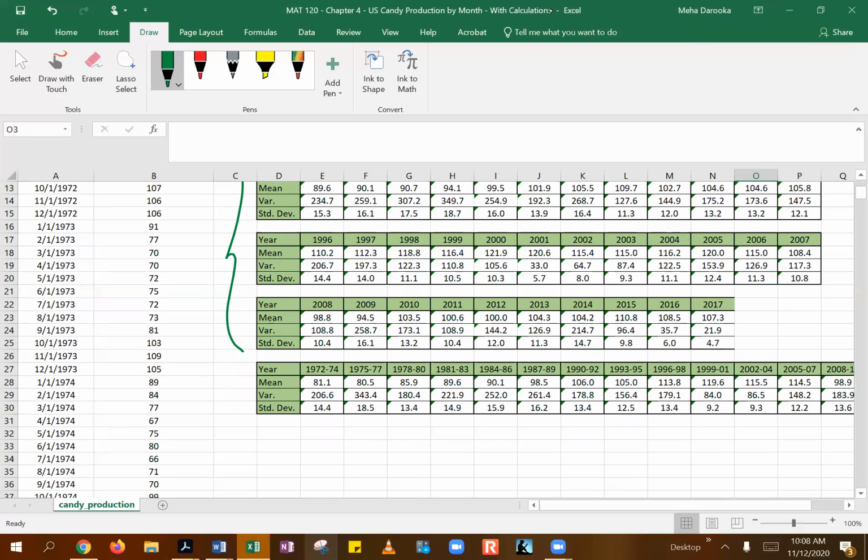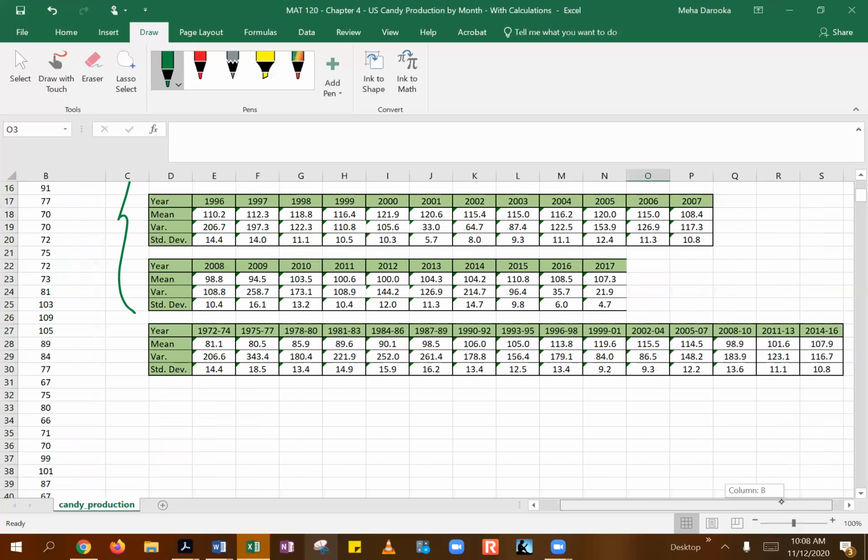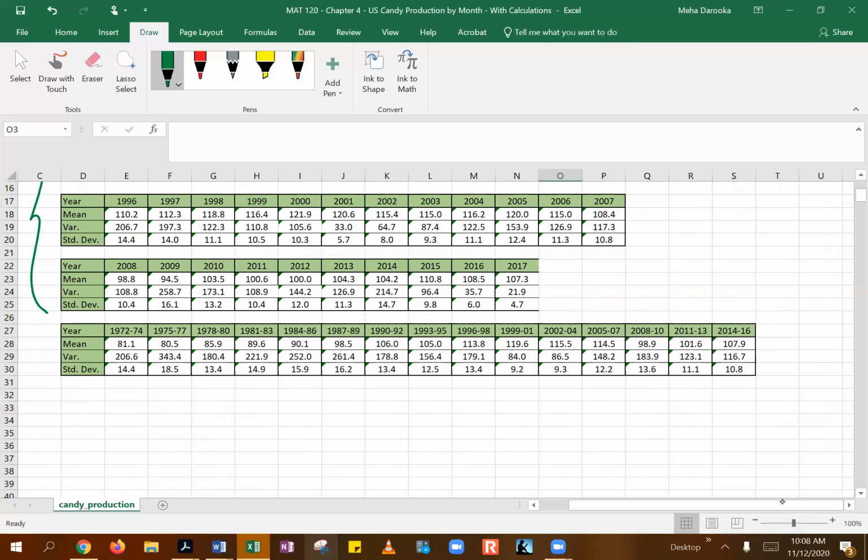And then I had also asked you to find the 3-year mean, variance, and standard deviation. So you will see that is going to be this bottom table over here, in groupings of 3 years. And then you basically had to do a comparison between each individual year and the 3-year total.